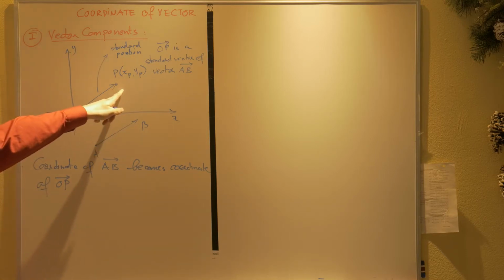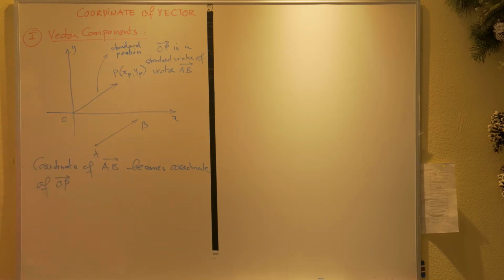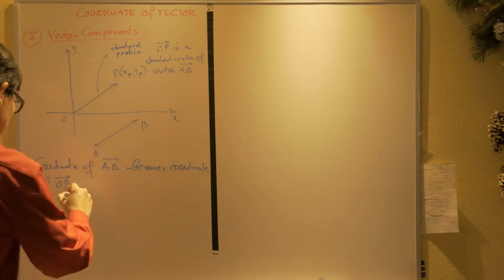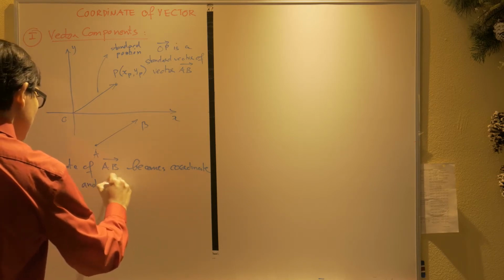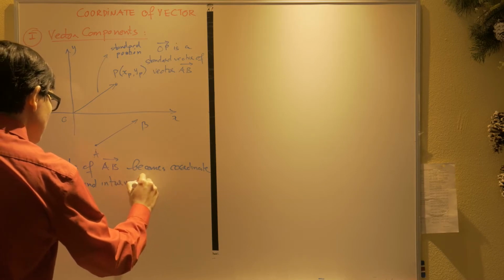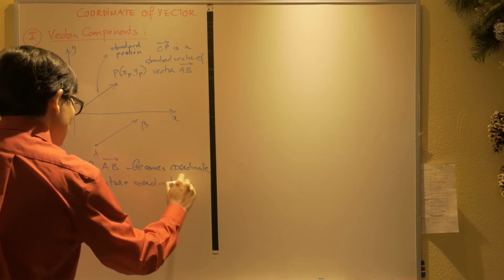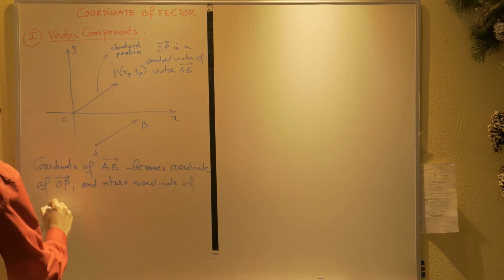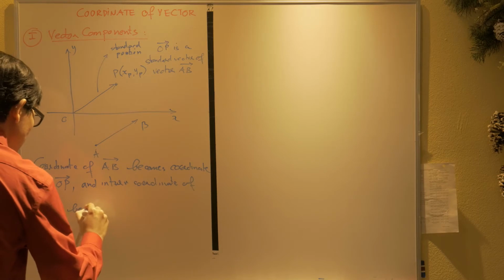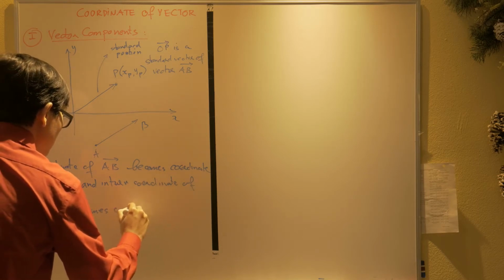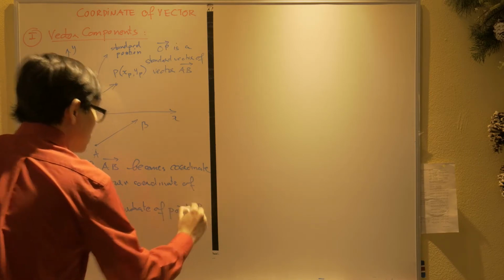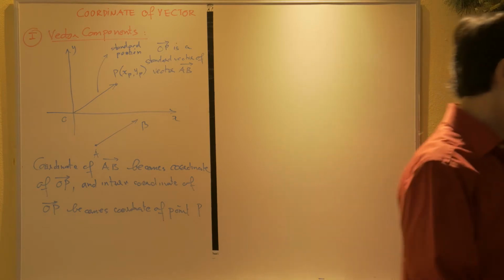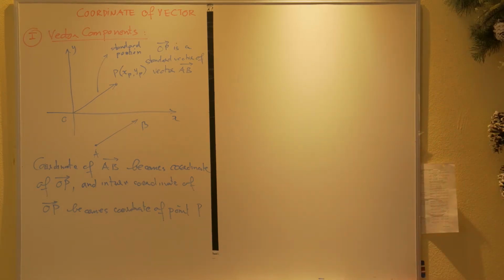Then the coordinate of point P actually becomes the coordinate of vector OP, because the coordinate of point O is the origin. So in turn, the coordinate of vector OP becomes the coordinate of point P, which is XP and YP.